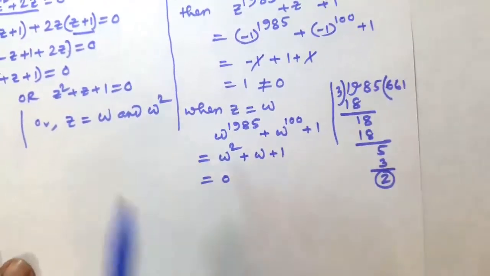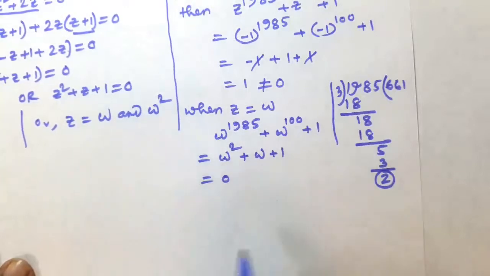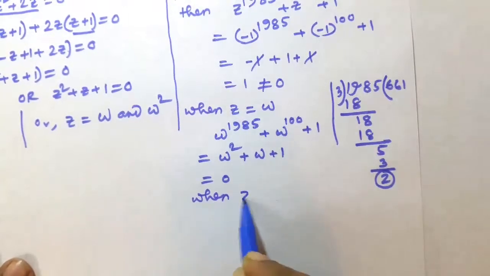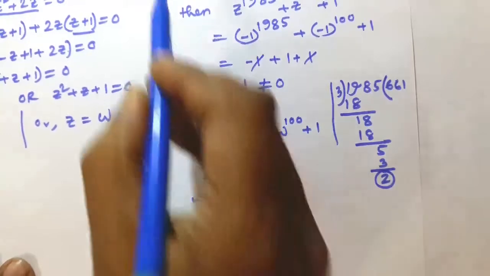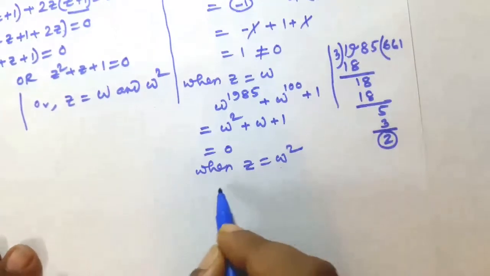And finally, when z is equal to omega square, take the LHS of the equation.